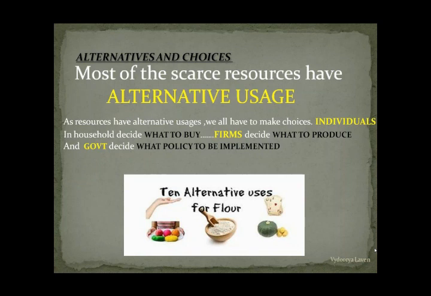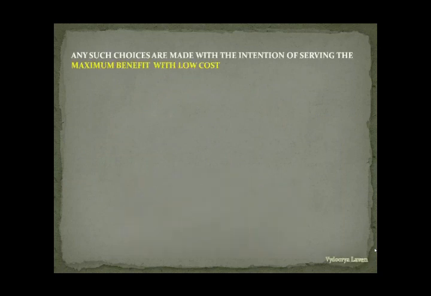As resources have alternative usages, we all have to make choices. And economic agents like individuals in households decide what to buy, firms decide what to produce, and government decide what policy to be implemented. But such choices made should serve the best interest of the agents.